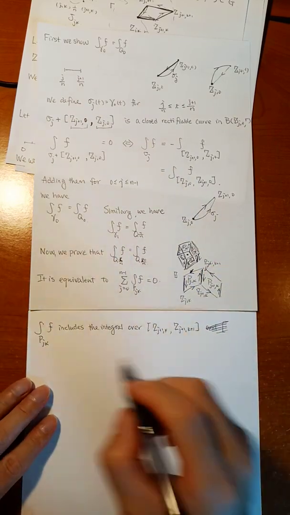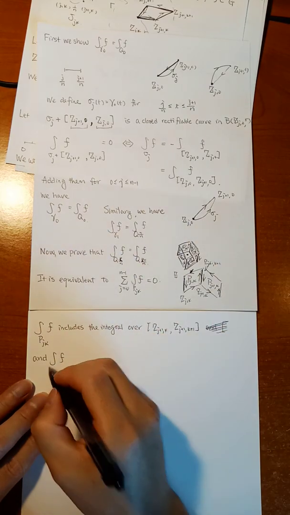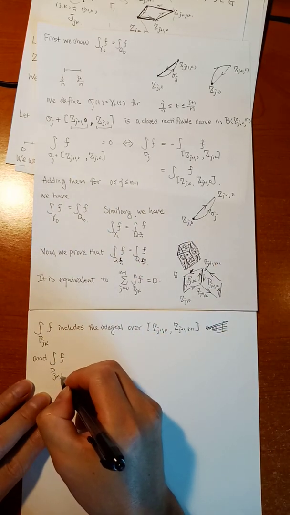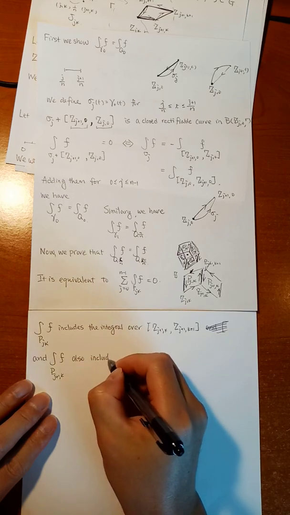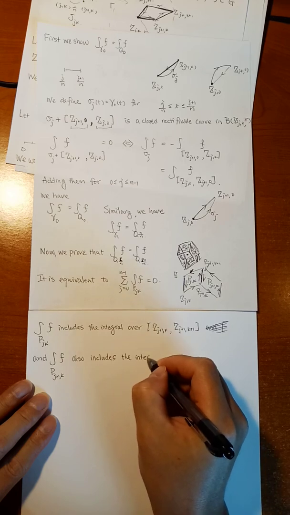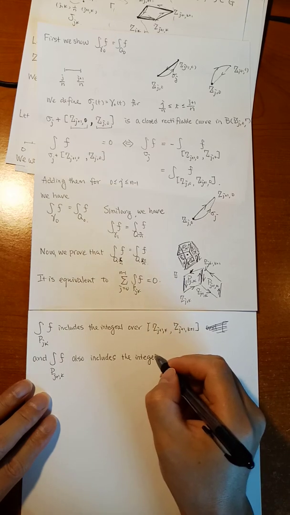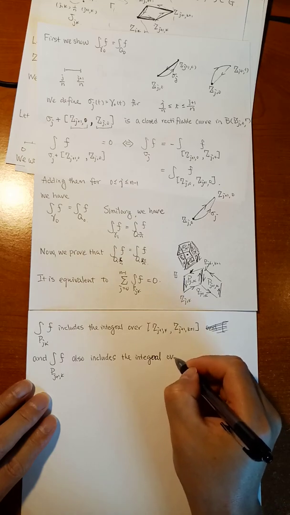It includes this one, and the integral of f along pj plus 1k also includes the integral over what?